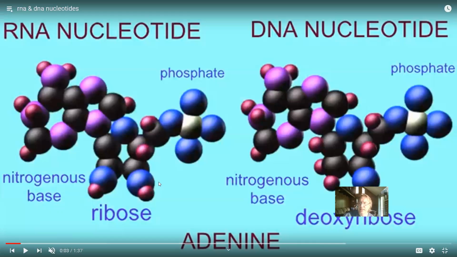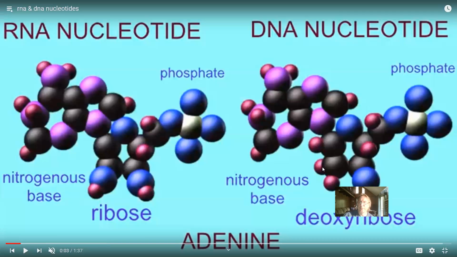What varies between DNA and RNA is the sugar. Now there are pentose sugars in each case. So 1, 2, 3, 4, 5, 1, 2, 3, 4, 5, pentose sugars in each case. But if you notice, if this is the first carbon, then this is the second. And notice in the second carbon here we have an OH group in what's called ribose.